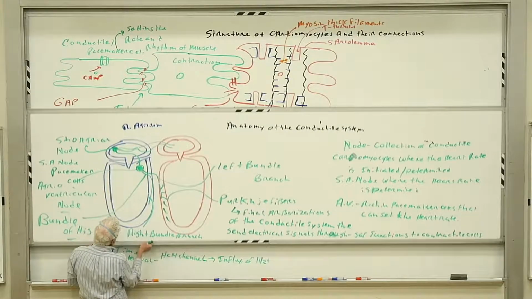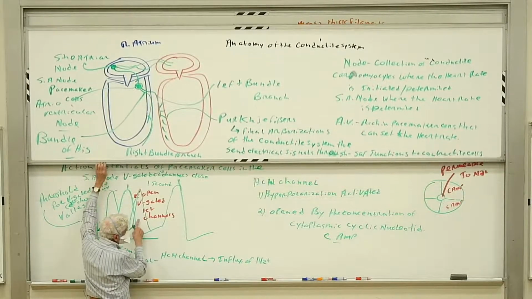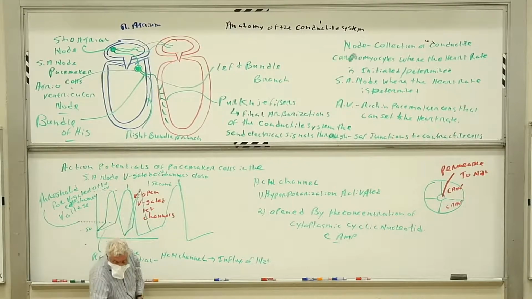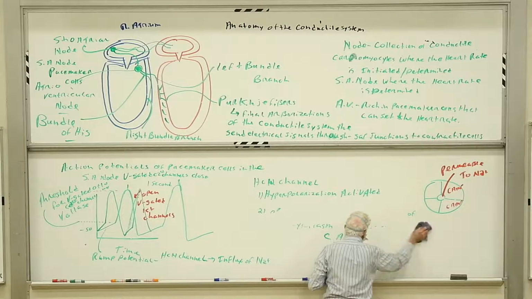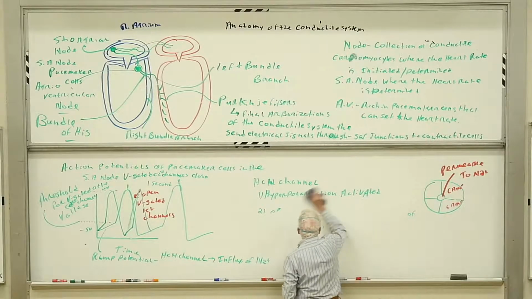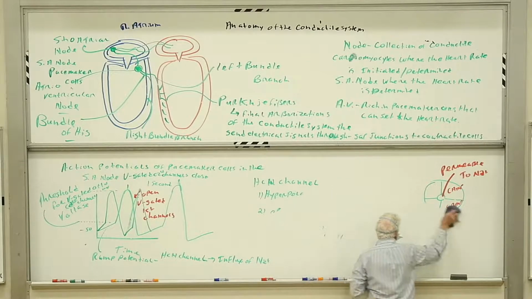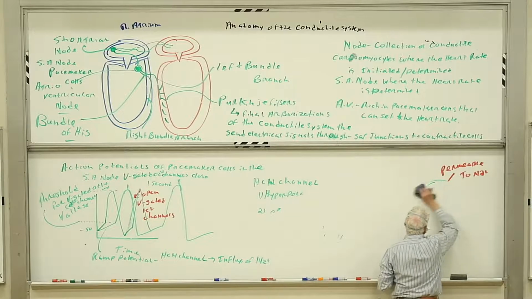These action potentials that we see here are truly in the pacemaker cells. But when we begin to look at the contractile cells, we see a different kind of action potential.